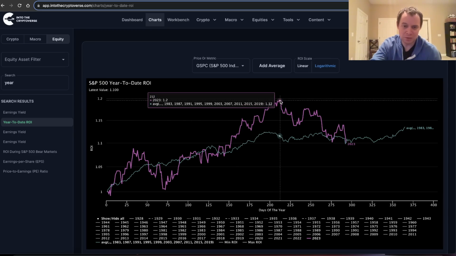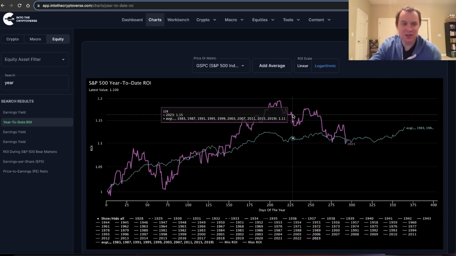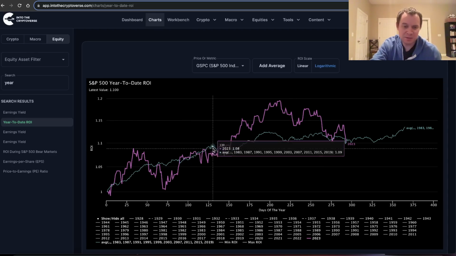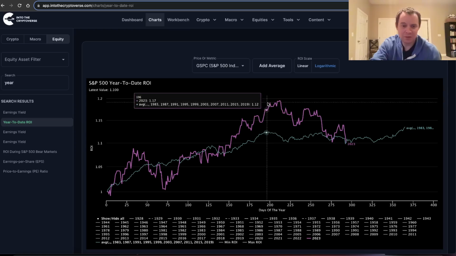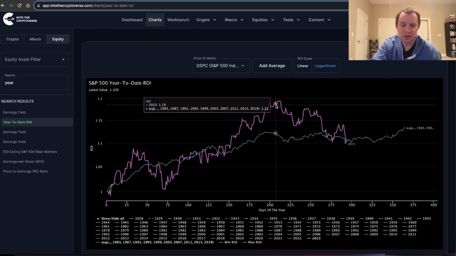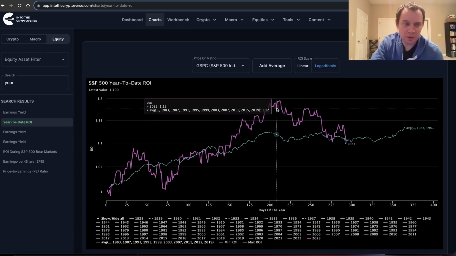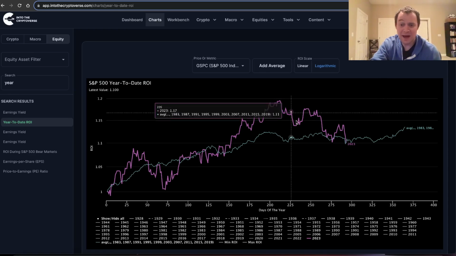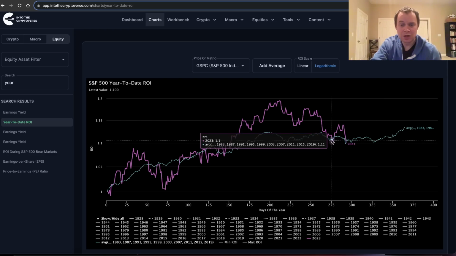But the pullback was more severe than what we typically get on average, and the reason I think is because we were more extended than we typically are. So the correction that we saw by the S&P 500 in August and September actually got us back down to where we normally are at this point in pre-election years.